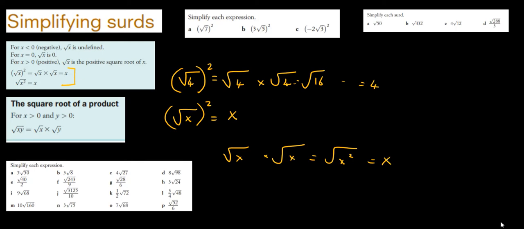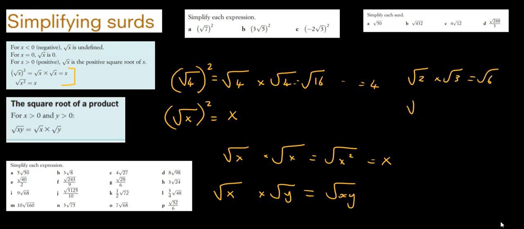In the general case, the square root of x multiplied by the square root of y is the same as the square root of xy. For example, the root of 2 multiplied by the root of 3 is the root of 6. The root of 4 multiplied by the root of 5 is the root of 20. But we can simplify the root of 20, which is what we're going to look at shortly.